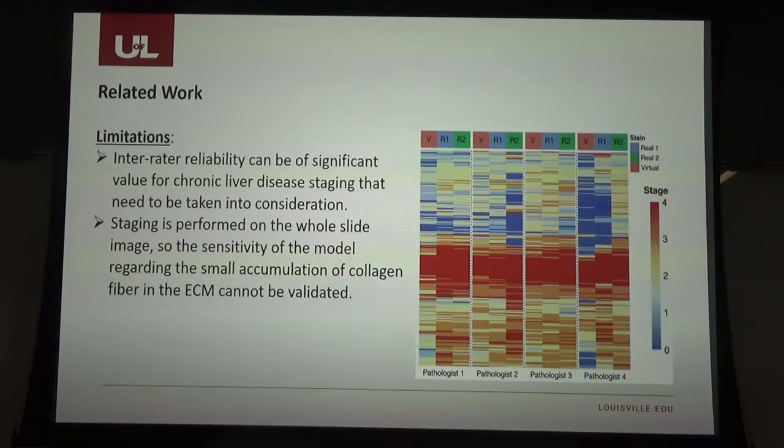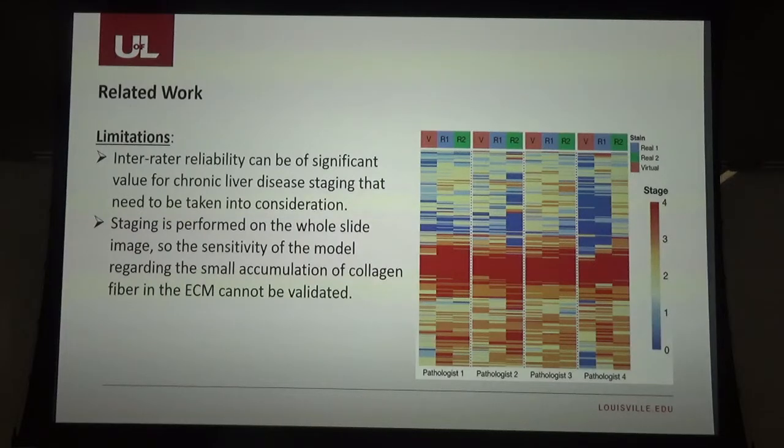So the only way to do this is through a blind assessment panel of pathologists. They used 4 pathologists, and every pathologist assessed samples blindly, and based on their assessments, they provided a comparison between the virtual trichrome and the real trichrome.